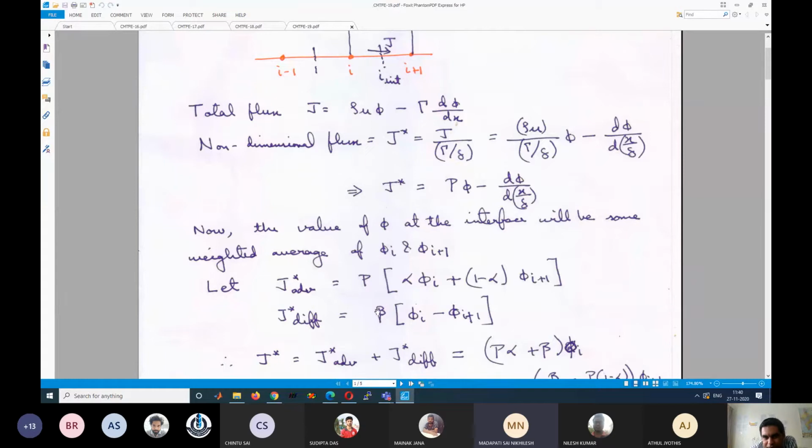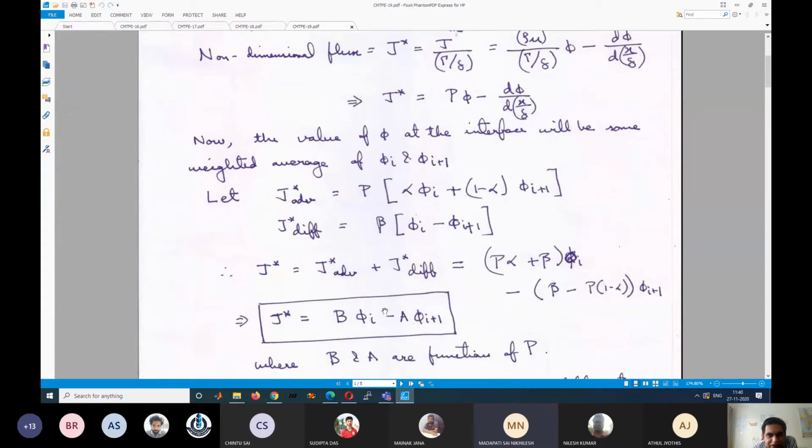But this beta should be a variable, because the effect of diffusion should not be equal at all Peclet numbers. The effect of diffusion should be high at what value of Peclet number? High at low values of Peclet number, and low at high values of Peclet number. So accordingly, beta should be a function of Peclet number.